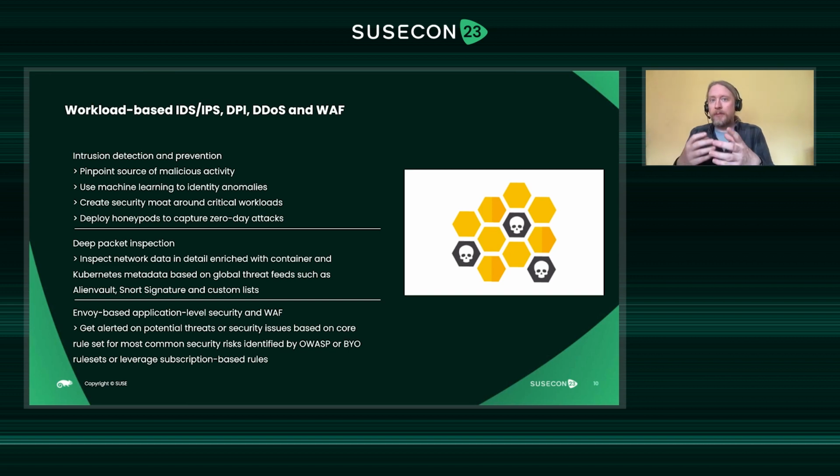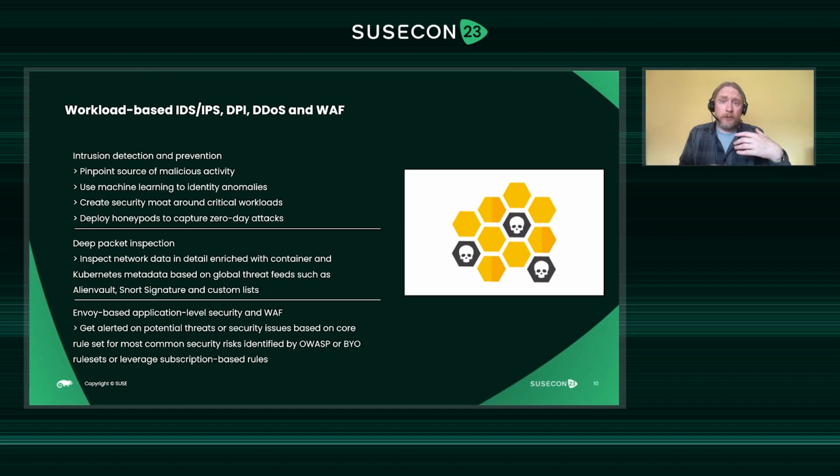And if an anomaly is detected, it's going to alert you. We can also do unknown threat detection based on honeypots. Honeypots are essentially decoy pods that are placed in your cluster. There is no reason for them to be ever contacted, but if you do see something trying to communicate with those pods, then that's a fairly good indication that there is a compromise going on.